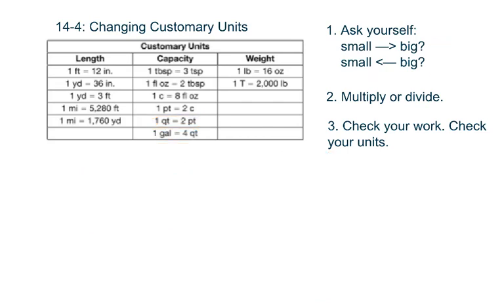Sometimes you also might notice that certain problems are going to ask you to convert from units that don't actually have equivalencies on the chart. So you have to take 2 steps instead of 1. So for instance, if I wanted to try to change from cups to quarts, I might actually need to take 2 steps.